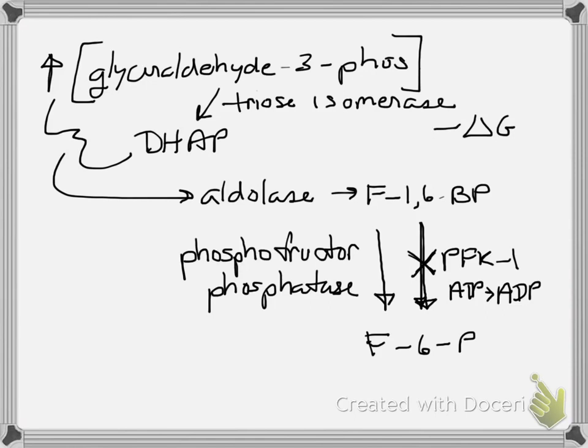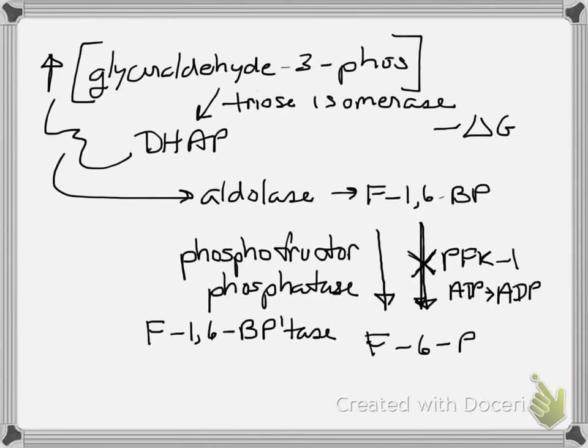The other name that you will see in textbooks is related to the product of this reaction. So it's fructose 1,6-bisphosphatase, because it's going to remove the phosphate on the number 1 carbon of fructose in order to generate fructose 6-phosphate.